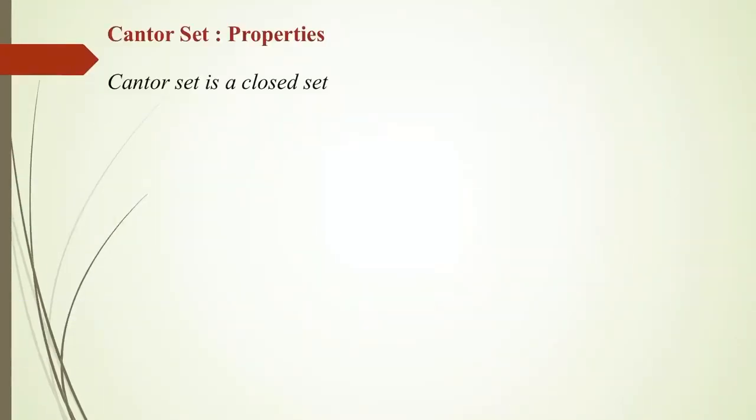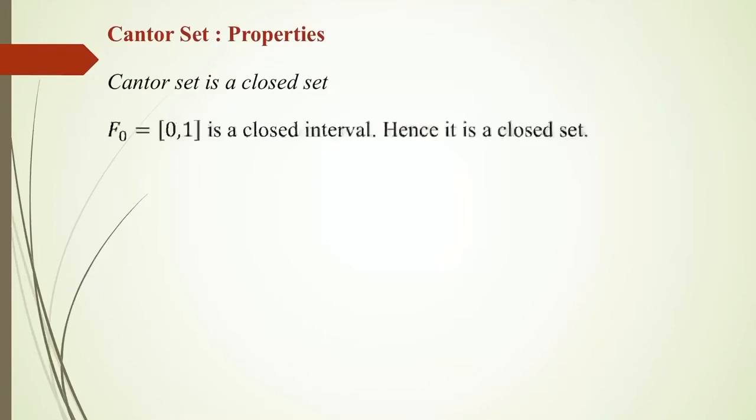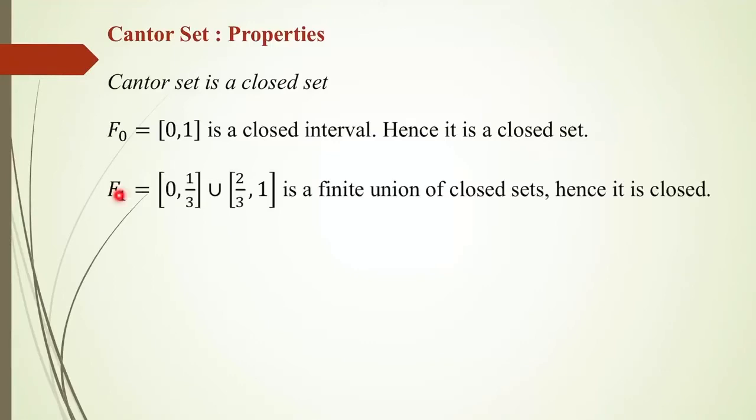The first property is that the Cantor set is a closed set. How can we prove this? We start from F0. F0 is equal to the closed interval [0, 1], and it is a closed interval, therefore it is a closed set in R. Now F1 is the closed interval [0, 1/3] union the closed interval [2/3, 1].